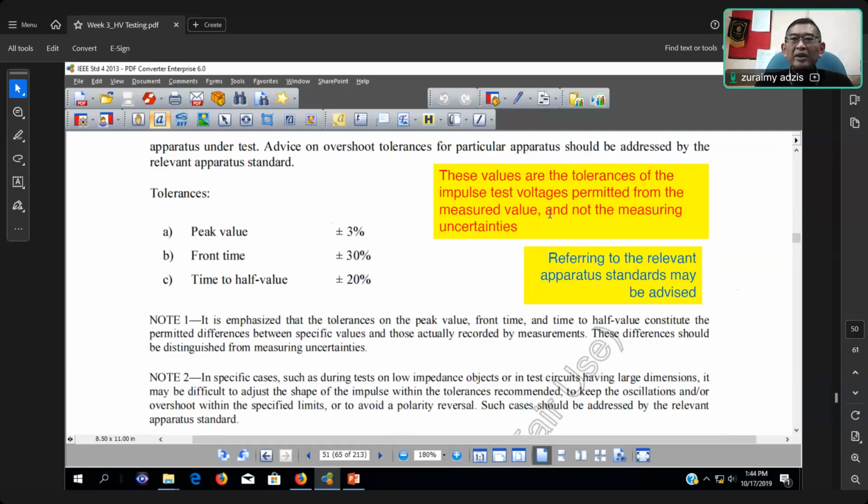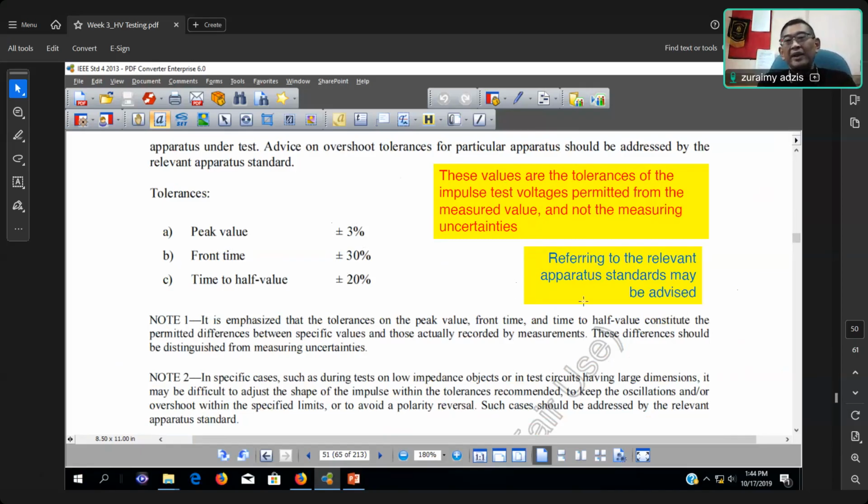And these values are the tolerances of the impulse test voltages permitted from the measured value. This percentage is not the equipment measuring uncertainty. These are tolerances, so understand the word tolerance. You are required to conduct the test with an impulse generator that can produce impulse voltages within these tolerances.